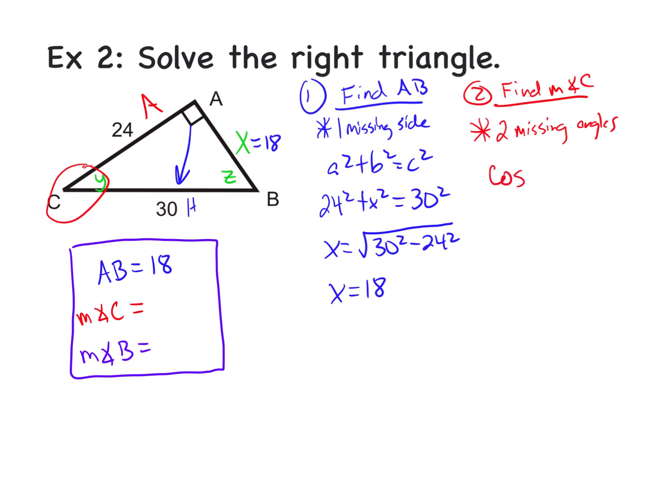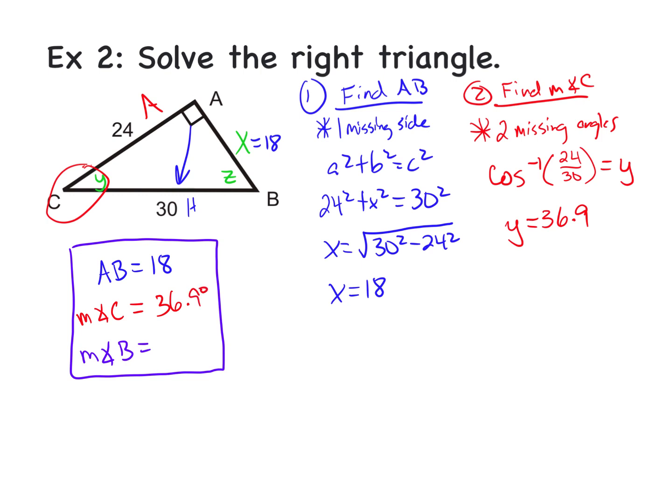So it's cosine, since we're looking for angle, inverse A over H, 24 divided by 30. What letter did we put in for this angle? Y. So we'll just say equals Y. So plug that in your calculator. Make sure you're in degrees. 36.9. Okay.